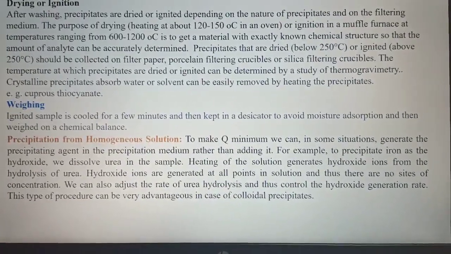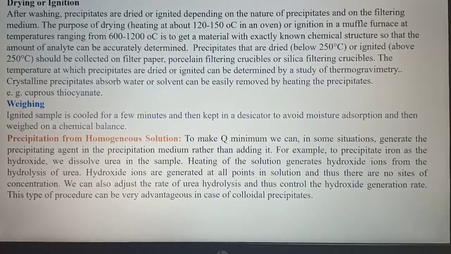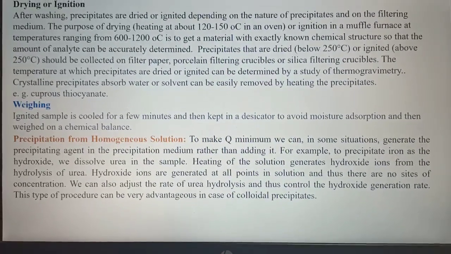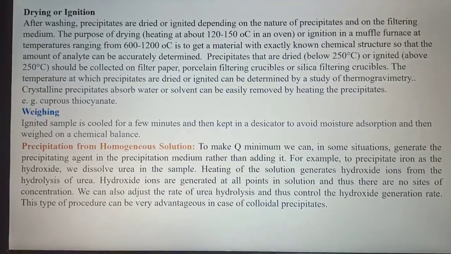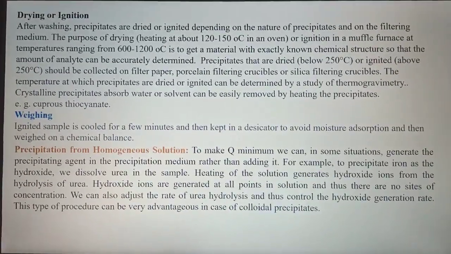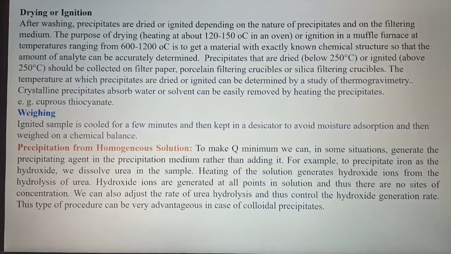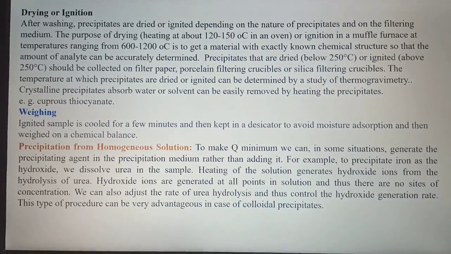Gravimetric estimation is nothing but the estimation of a substance in terms of mass in a given solution, which generally can be done by a method called the precipitation method.